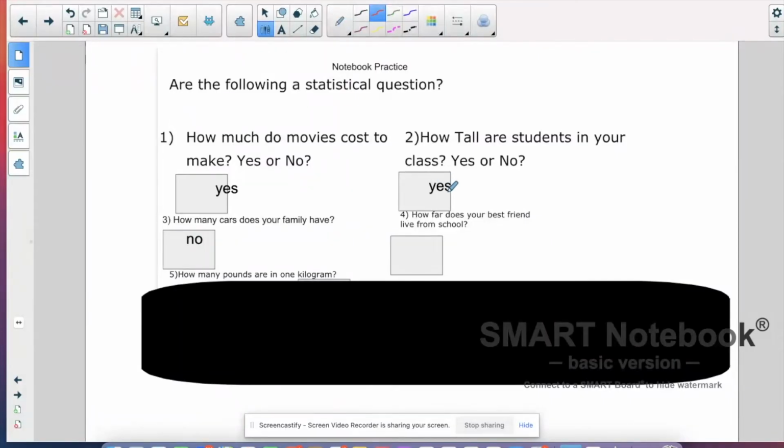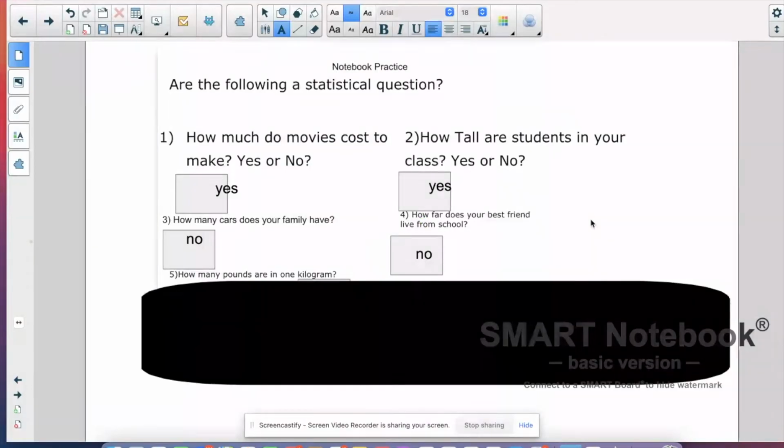Again, is there more than one possible answer? Well, there is only one possible answer to this question, so it is not a statistical question. Maybe if you change this, you might say, how far do your friends live from school? Or how far do students from KISJ live from school?